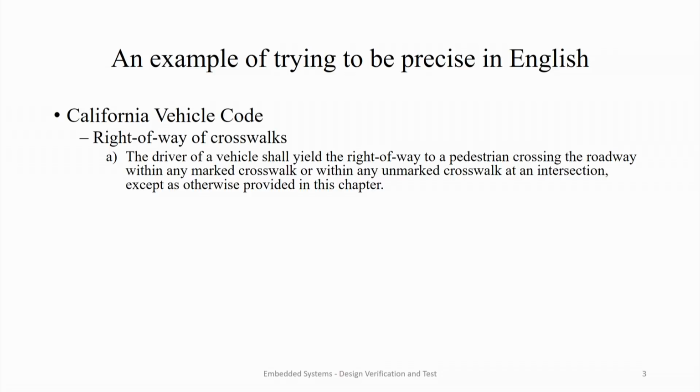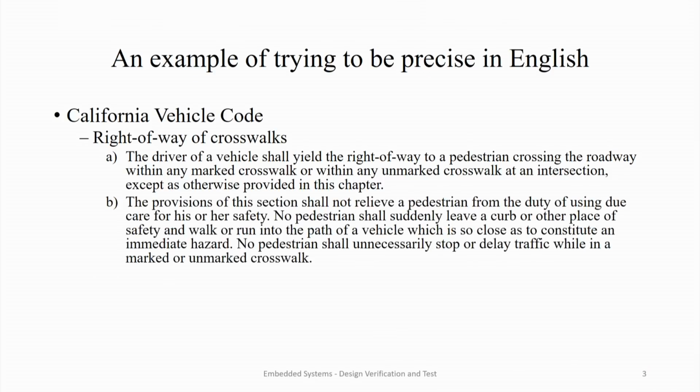These are the ways in which people have tried to write crisp English language specifications, which is almost always futile. You cannot write specifications which are sound and complete. The provisions of this section shall not relieve a pedestrian. So, the first one says that the driver of a vehicle will allow a pedestrian to cross the roadway either in a marked crosswalk or an unmarked crosswalk at an intersection, except as otherwise provided. So there will be exceptions to these rules.